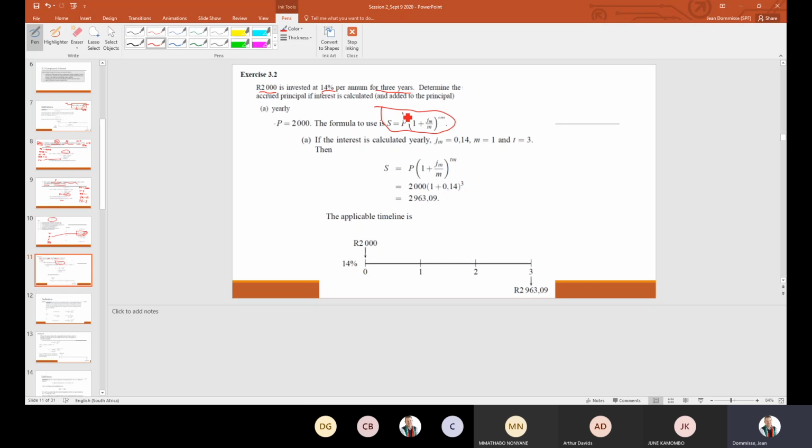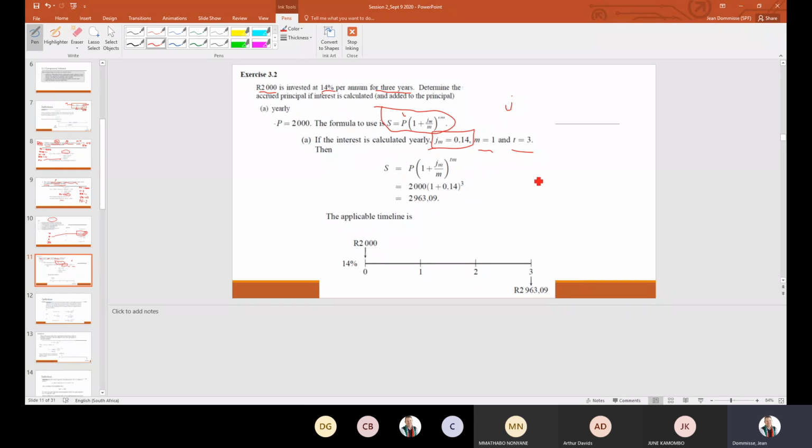Your P value stayed the same, it's 2,000. The interest still is 14%. Your M is still 1, so it is annually, so nothing has changed. So you're actually just reverting back to your original formula, and your T is 3.